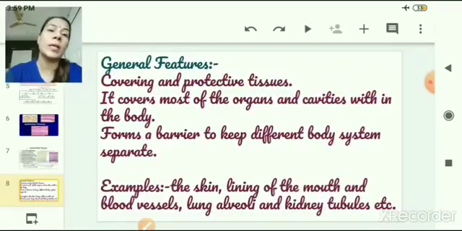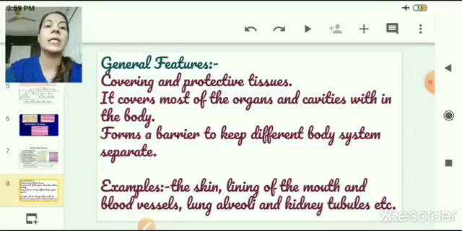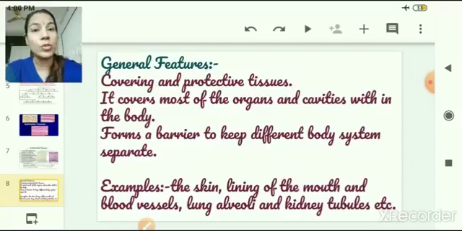Now let us discuss some more general and common features. These are covering and protective tissues. They cover most of the organs and cavities within our body. Most of the organs present in our body are surrounded by or covered by layers of epithelium.